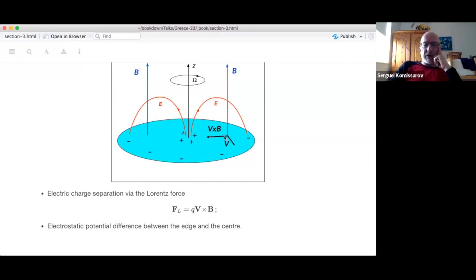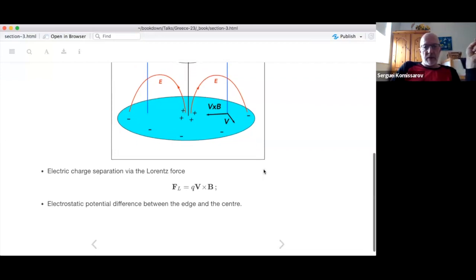So free charges move, let's say electrons move to the outside, to the edge of the disk, and there is a deficit of the charge in the inside of the disk. As a result, we've got the charge separation and a difference in the value of the electrostatic potential between the center and the edge of the disk.